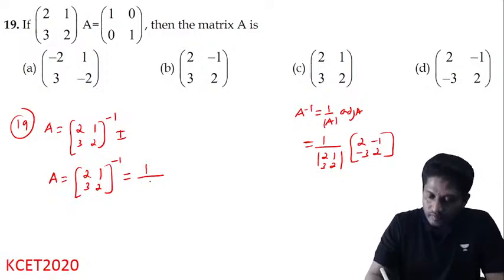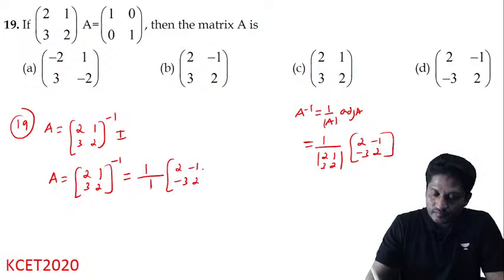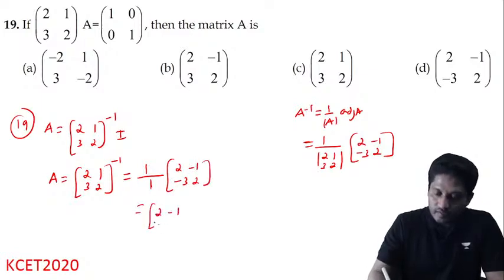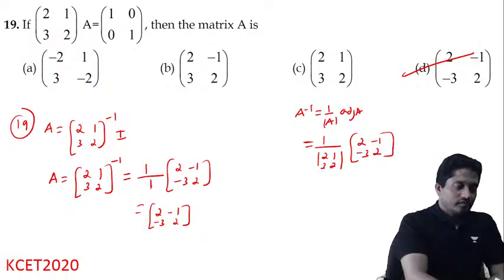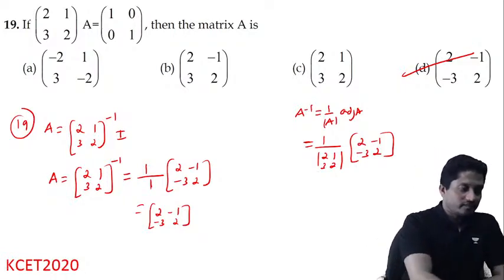So this is 1 by (4 minus 3), which is 1, into [2, -1; -3, 2]. So the matrix will be [2, -1; -3, 2]. That is, the answer is option D. Alright, let's move to the next question.